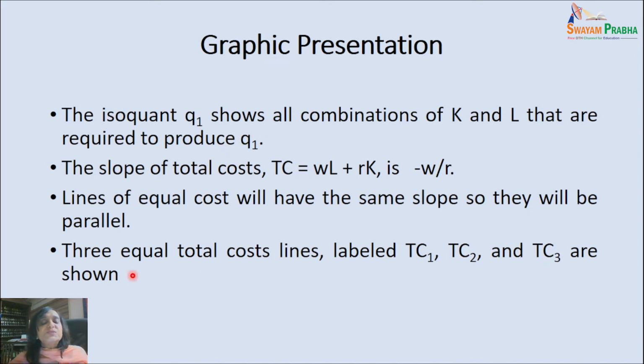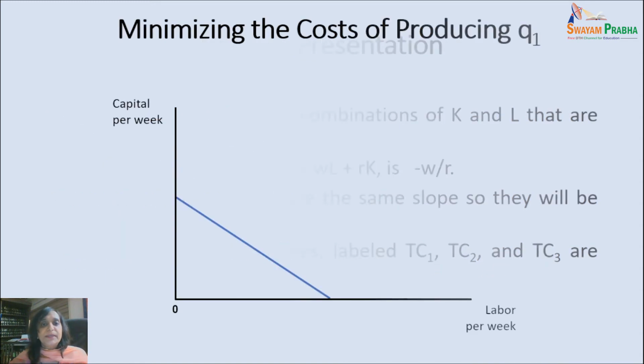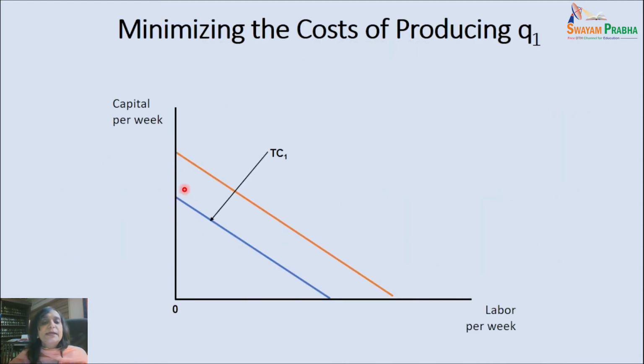What we will do is superimpose this particular isoquant on the various isocost lines which are available to the firm, given here in this graph as TC1, TC2 and TC3. Let us see, these are the three isocost lines given to the firm.